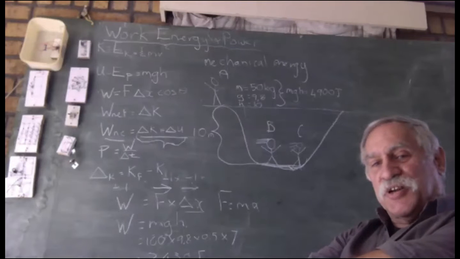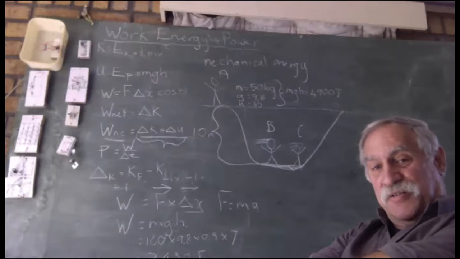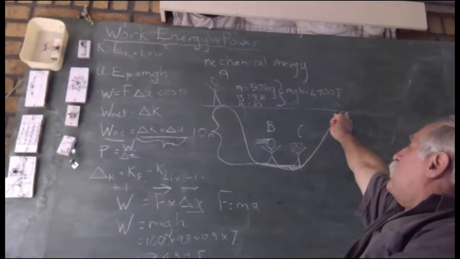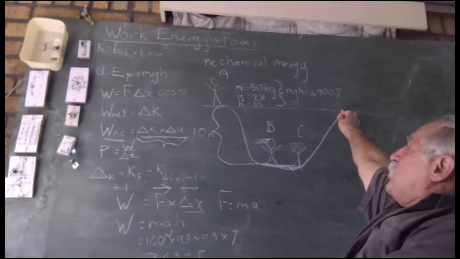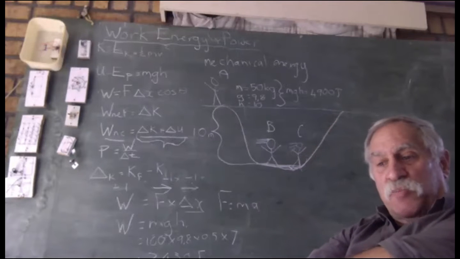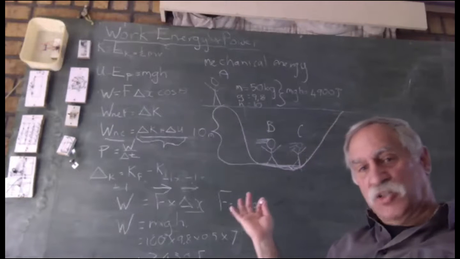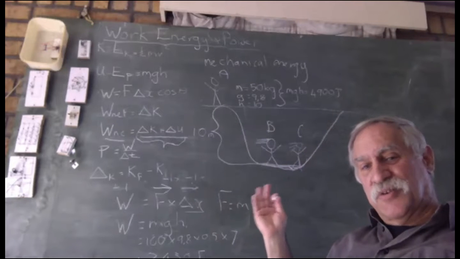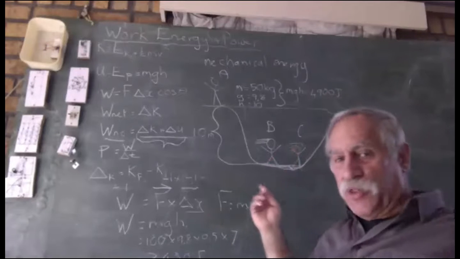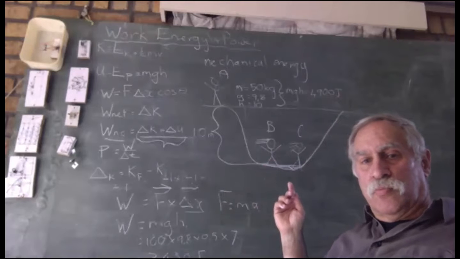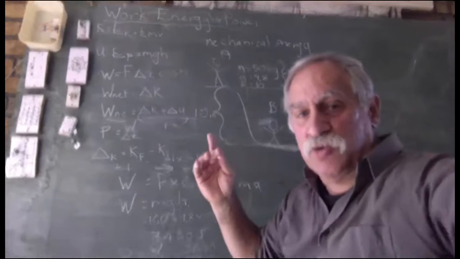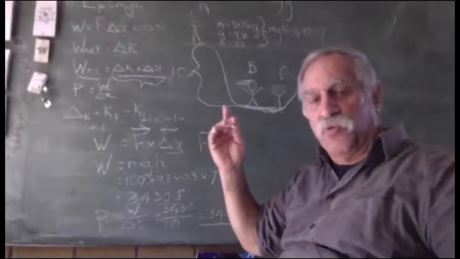It's still 4,900. Okay. And then she comes to a hill, and when she gets back to 10 meters on the top of the other side, you know how much energy she's got there? Still 4,900. Does that make sense? Yes, sir. So everywhere she goes, the energy is going to be 4,900. You can't lose energy. It's the law of conservation of energy. The energy cannot be created or destroyed. It can only be changed from one form to another.